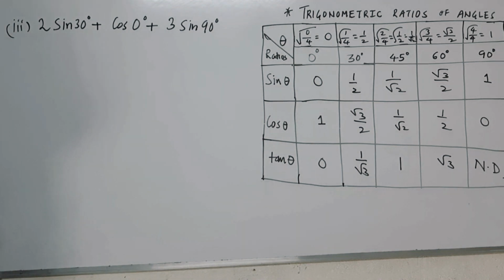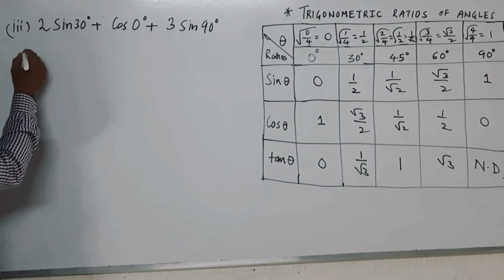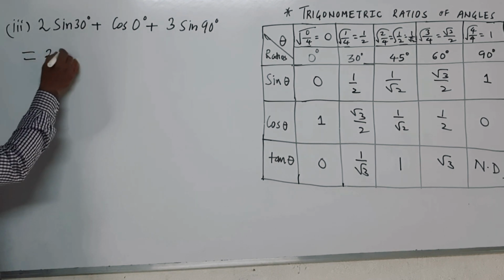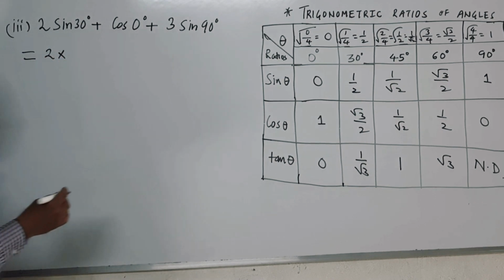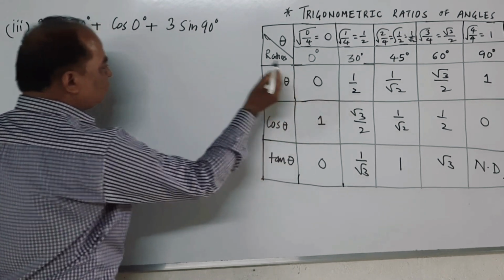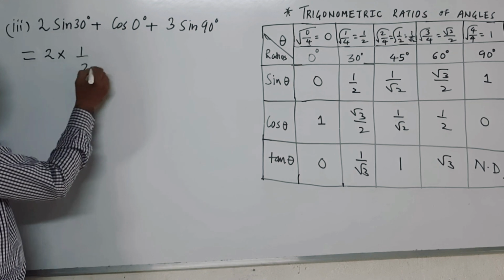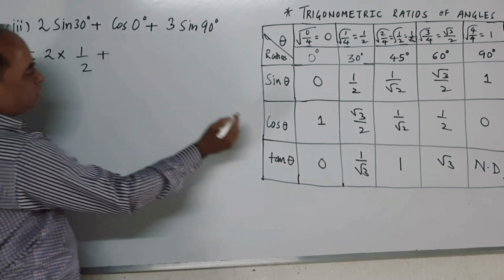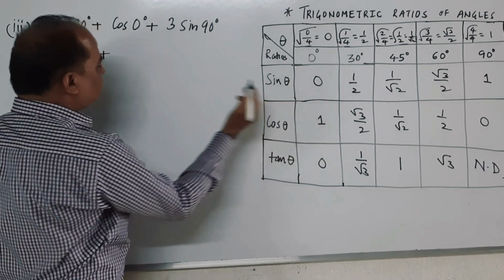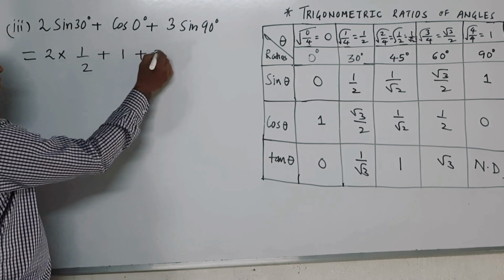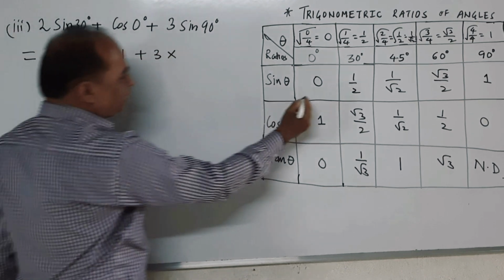Third example: 2 sin 30 degree plus cos 0 degree plus 3 sin 90. From the table, 2 into sin 30 degree is 1 upon 2, plus cos 0. Cos 0 is 1, plus 3 into sin 90.